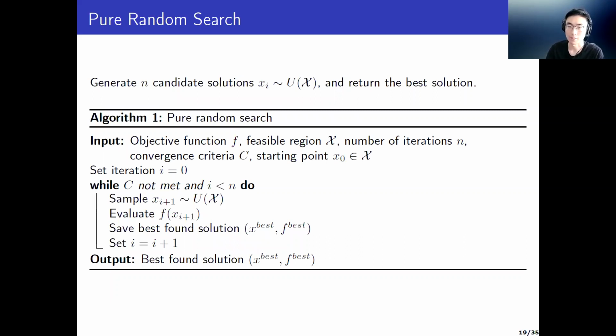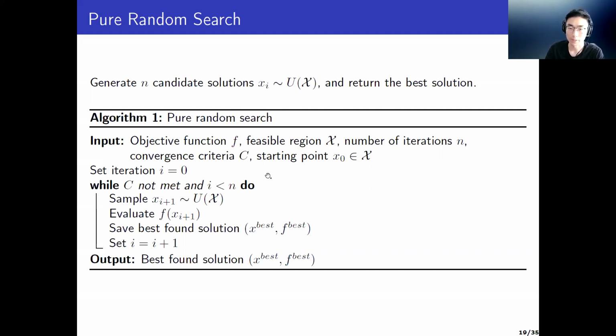The main idea is to generate n candidate solutions from the uniform distribution over the feasible region and return the best solution. For pure random search algorithm, we need the objective function, the feasible region, the number of iterations, a convergence criteria, and a starting point in the feasible region.